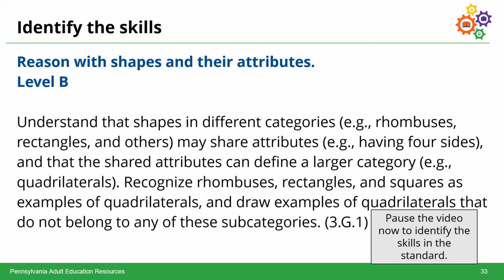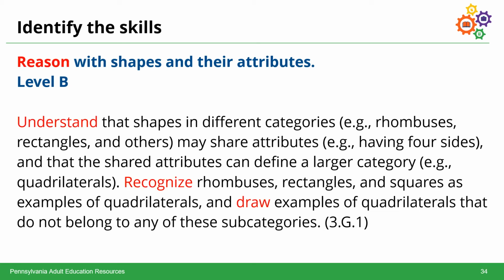Take a moment to read the standard and identify the skills. Don't forget that the verbs are usually the skills. Once you've identified the skills, list them on your unpacking chart in column 2. Did you identify these skills?